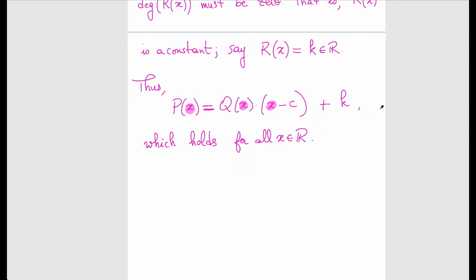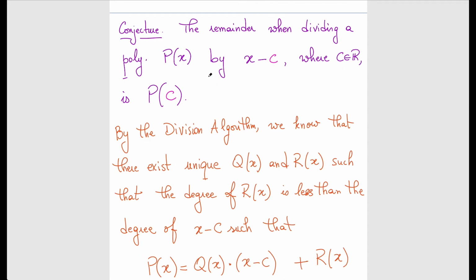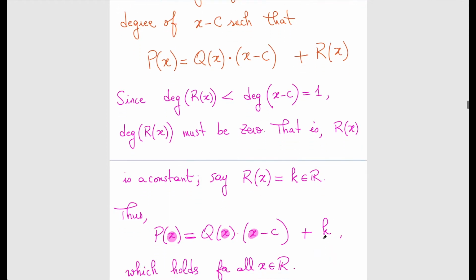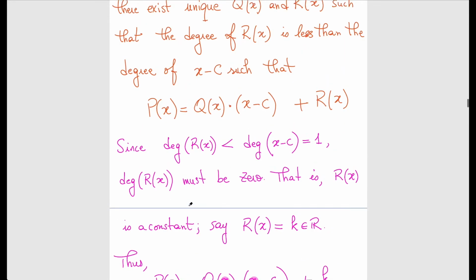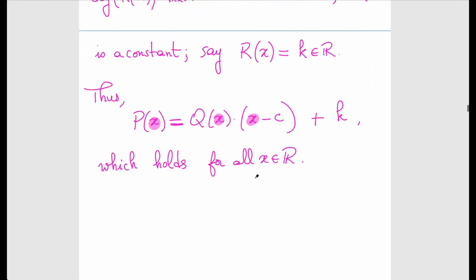The conjecture is that the remainder is this guy, and the remainder so far is k. So what do I need to show? I need to show that k is actually p of c.